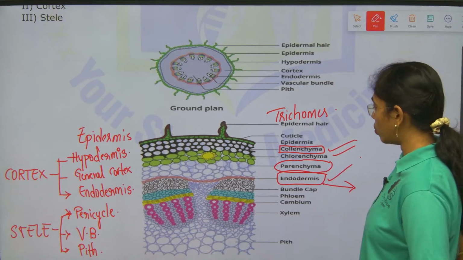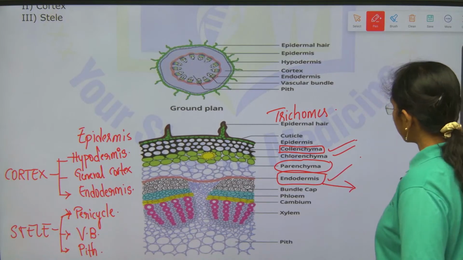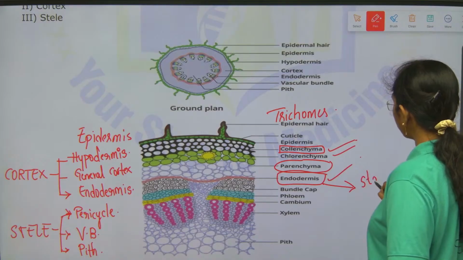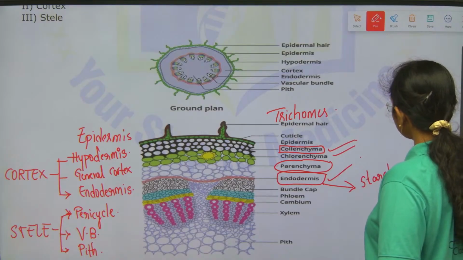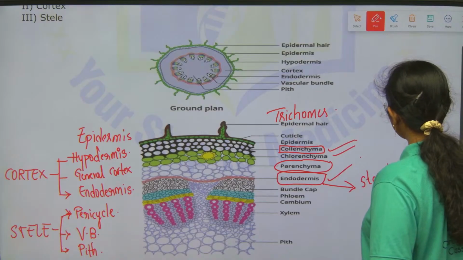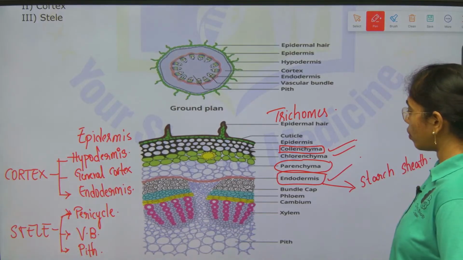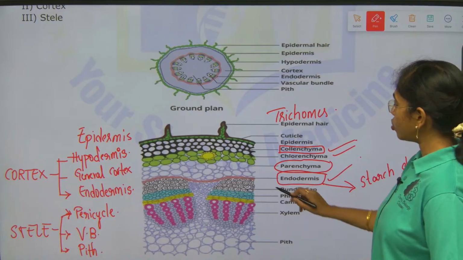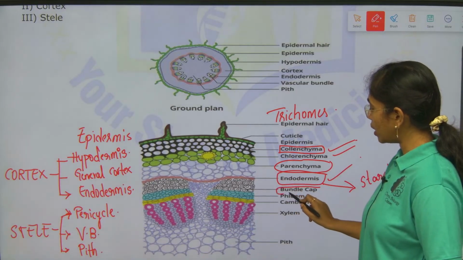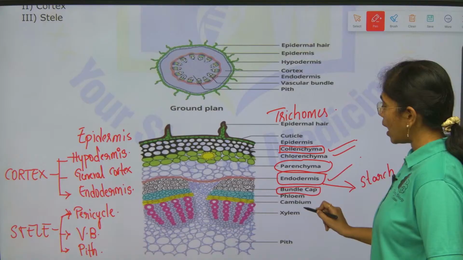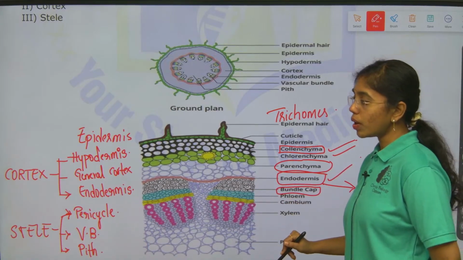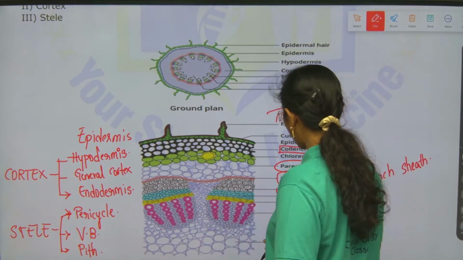After that, the endodermis consists of a starch sheath. Next to that you have bundle sheath cells. The stelar region includes pericycle, vascular bundle and pith.